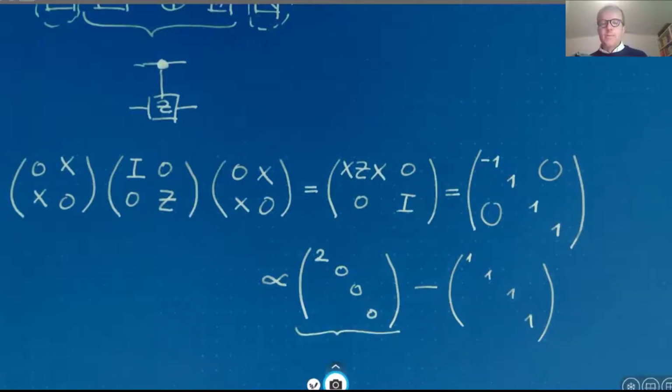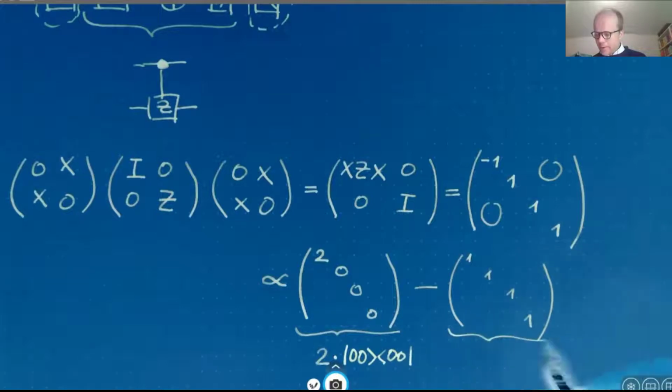The first of these two matrices can be regarded as 2 times the projector onto the basis state 0, 0. And the second matrix, of course, is the identity.